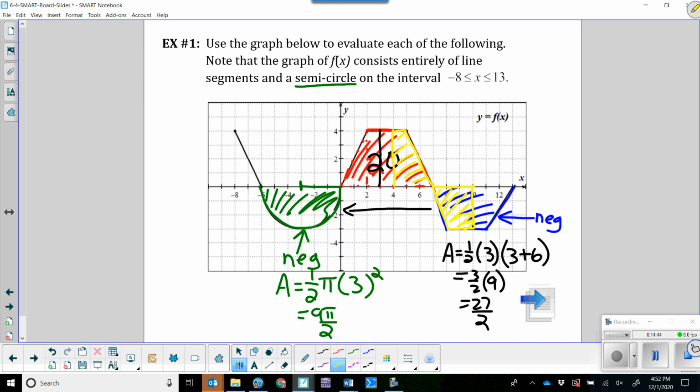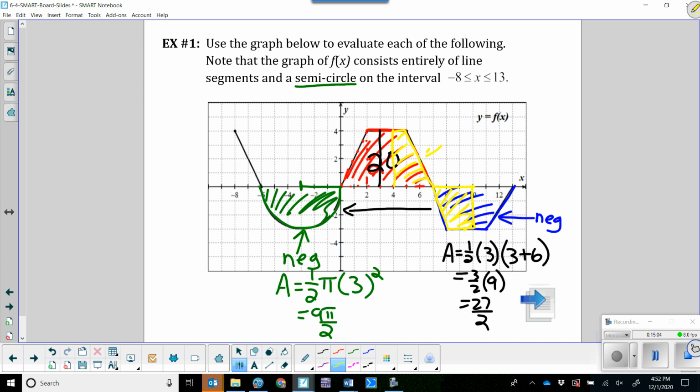Well, that means I'm going to have to find both of those areas, and then remember that the bottom one is negative because it's underneath, the top one's positive, and then deal with the sign after, when I'm done. So let's find both of these areas, okay? So we again have trapezoids.